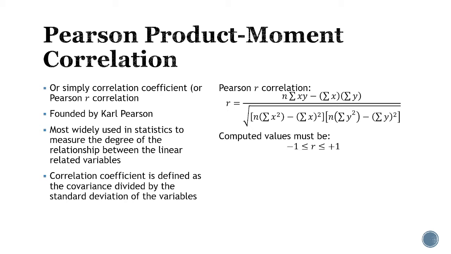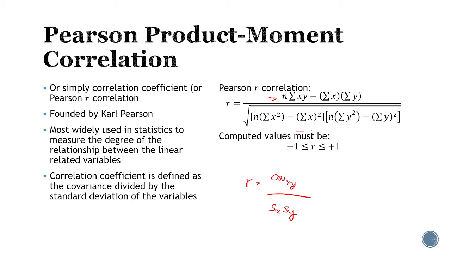The standard deviations are at the bottom, and the covariance is at the top. So we can write Pearson R as the covariance of x and y over the standard deviation of x times the standard deviation of y. That is the other way of writing our Pearson product moment correlation.